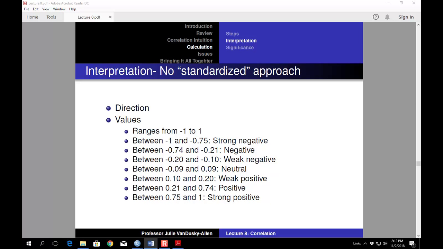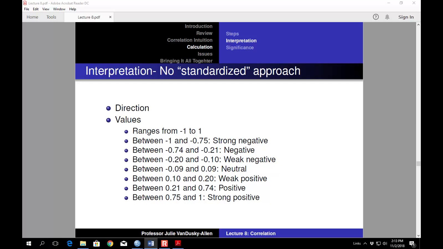If the correlation coefficient is between -0.74 and -0.21, then you should say there is a negative relationship between the variables. This means that as one variable increases, the other variable often decreases. If the correlation coefficient is between -0.2 and -0.1, then you should say there's a weak negative relationship between the two variables.